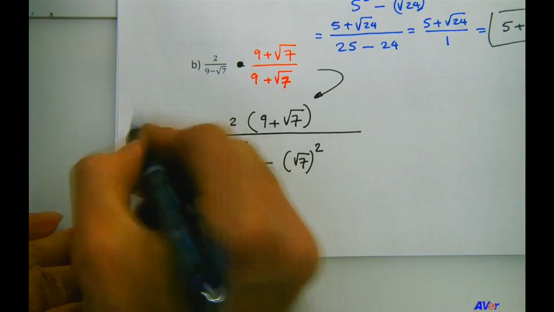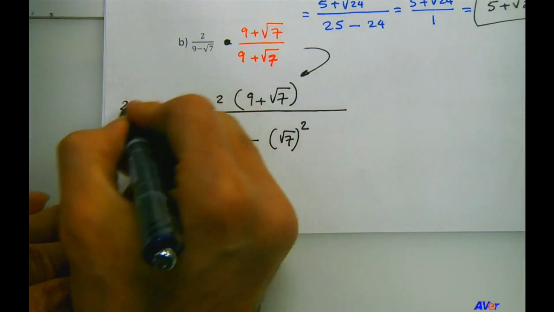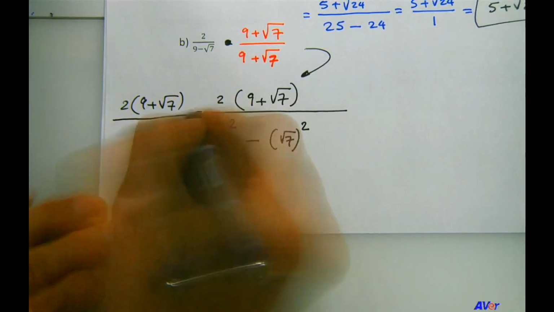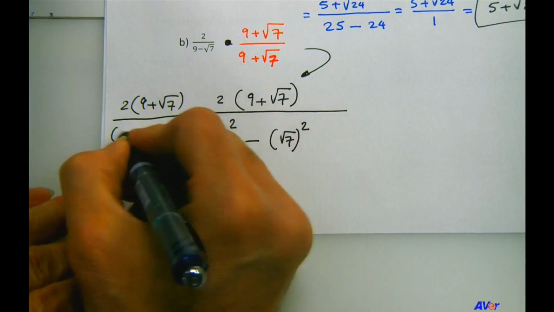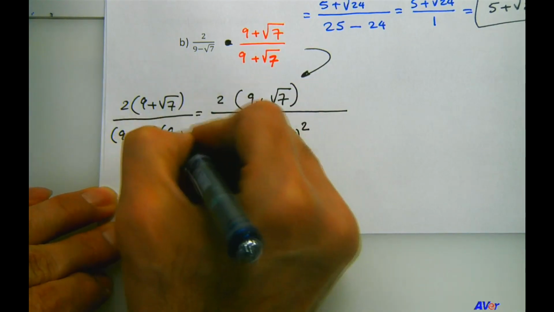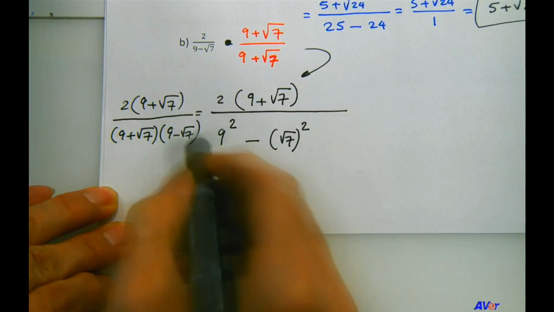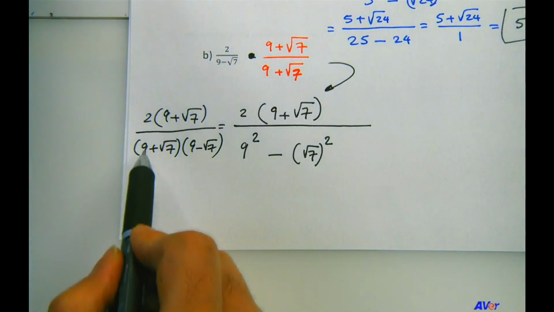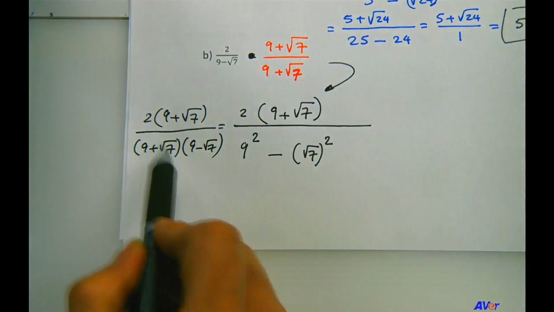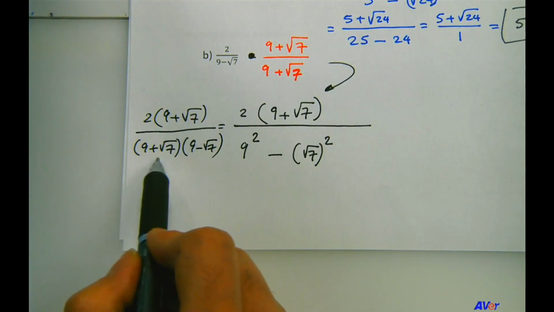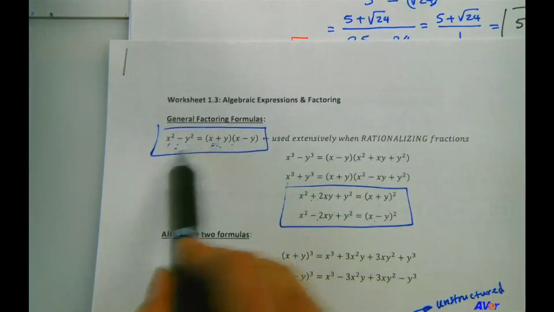So in the numerator, we have 2 times 9 plus square root of 7 divided by, multiply those, 9 plus square root of 7 times 9 minus square root of 7, right? So that allows us to, in our case, this is x, that's y. x plus y times x minus y, right? We're going to make use of this property again.